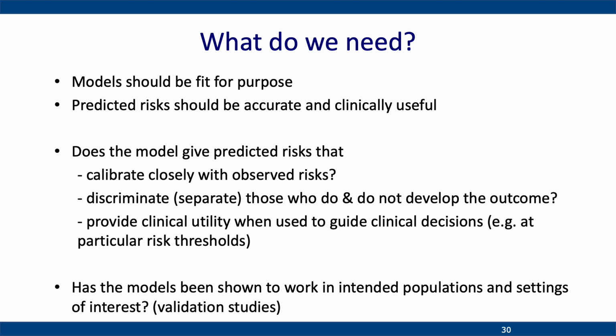So if you were to try and validate your model, you would be able to observe outcomes and compare those outcomes with predicted outcomes. And do they calibrate with each other? Is the model helpful in that it separates out those with and without the outcomes? So are those that do have outcomes given higher risk predictions than those who don't have outcomes? This is called discrimination and measured by something like the C statistic.